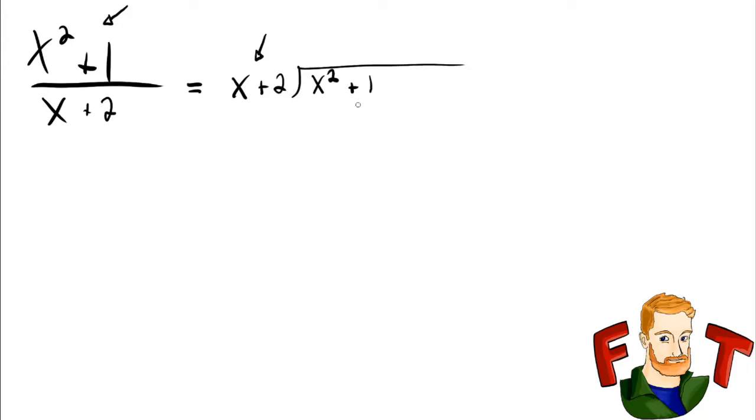So if we just work it like this, x plus 2 goes into x squared plus 1, x times. That's how you get the x squared down here, is to have an x up here. And then plus 2 times x is plus 2x.